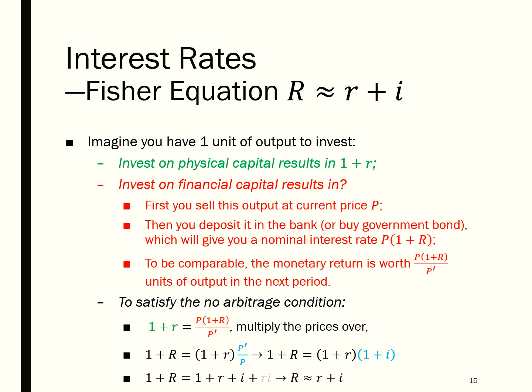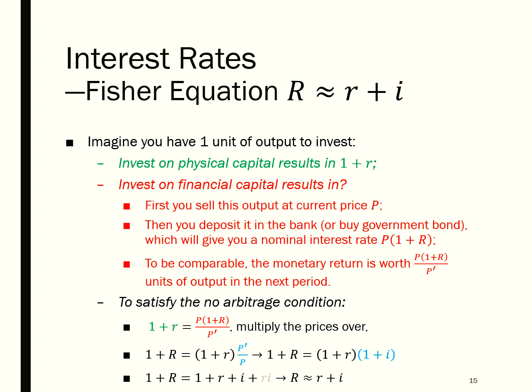After this step, you will have to multiply out the brackets. So on the right hand side, it becomes 1 plus r plus i plus r multiplied by i. And r and i are both fractions, and the product between two fractions will be very, very small, and it is ignorable, so we can just get rid of it.